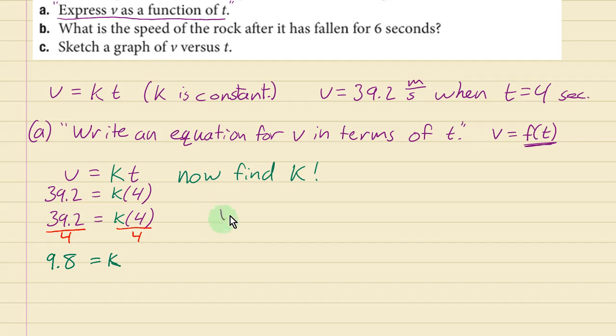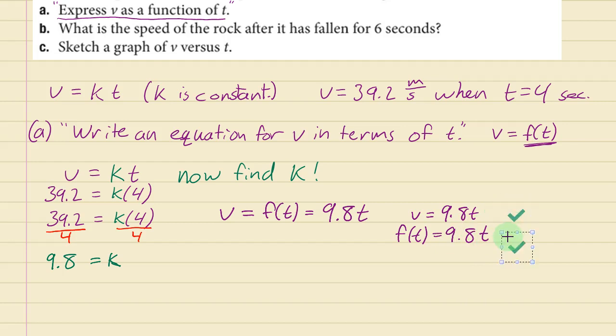So we can say v equals f of t, if you want, equals 9.8 times t. You could write it either this way, or you could just write v equals 9.8t, or f of t equals 9.8 times t. Those are both fine as well.